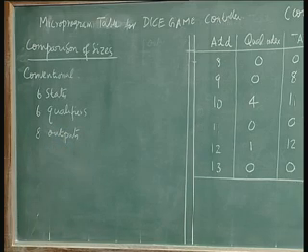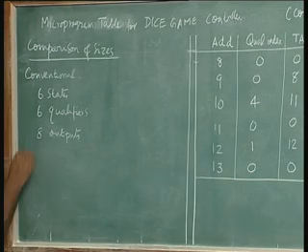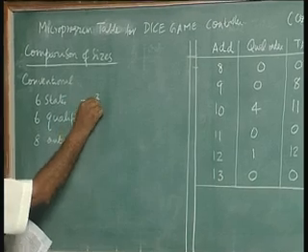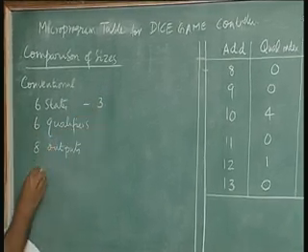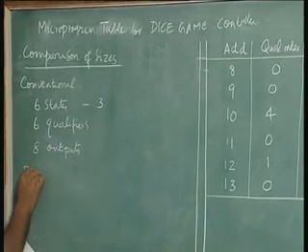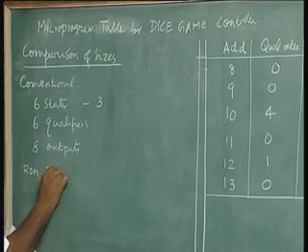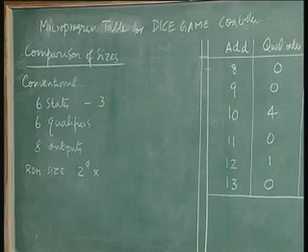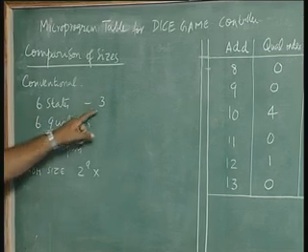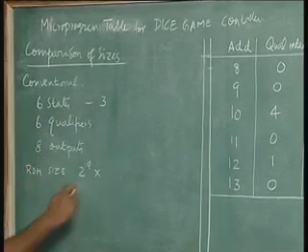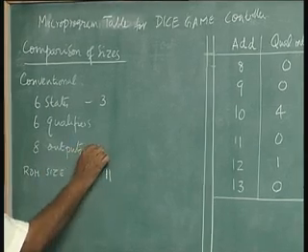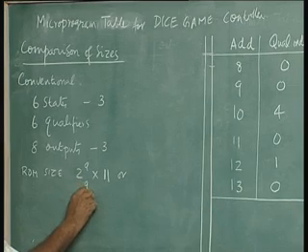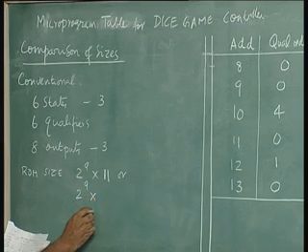Now, size would be 2 power, 6 states will require 3 state variables. So, 6 plus 3, 9, ROM size would be 2 power 9 times the number of states 3 and output 8, 11, or you want to code this output into 3 bits again, so 2 power 9 into 8, or 2 power 9 into 6.